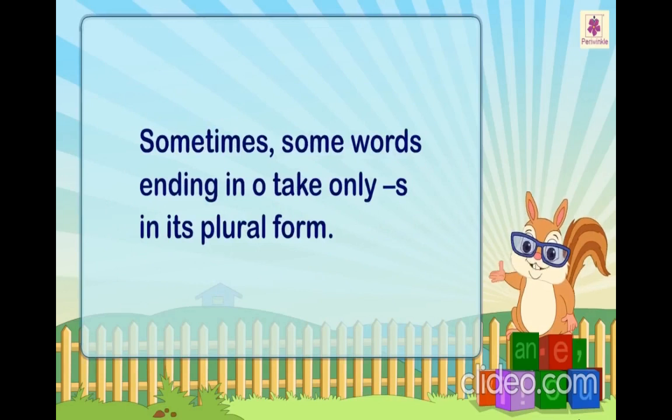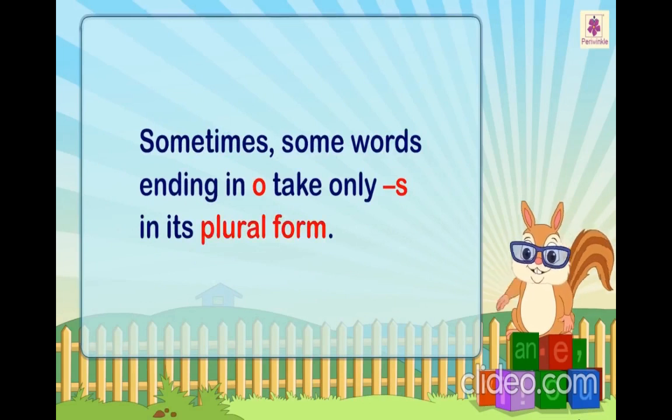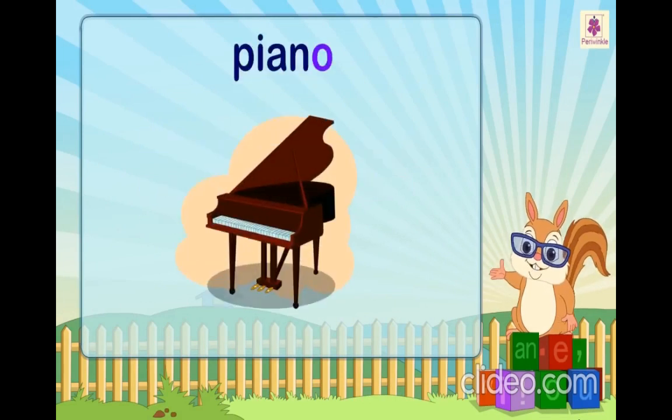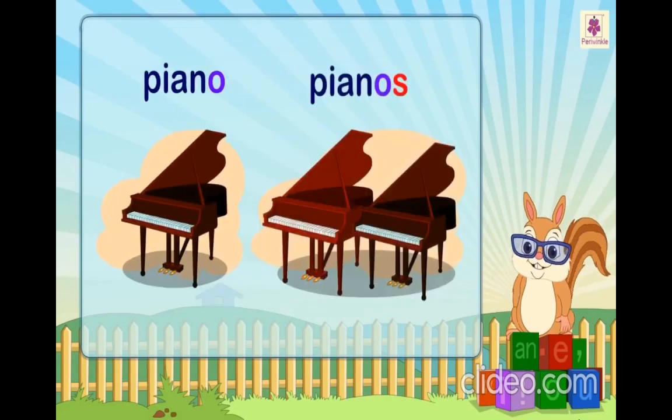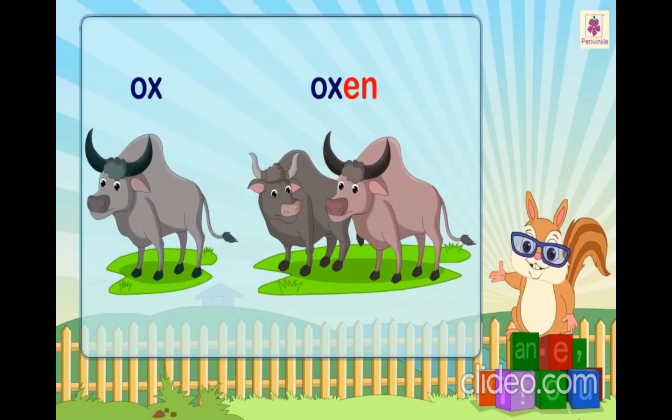Sometimes some words ending in o take only s in its plural form. For example, piano, pianos. Look, the plural of ox is oxen, not oxes.